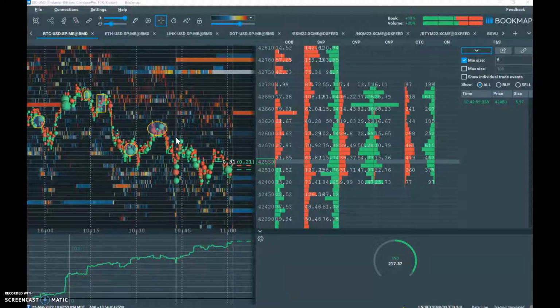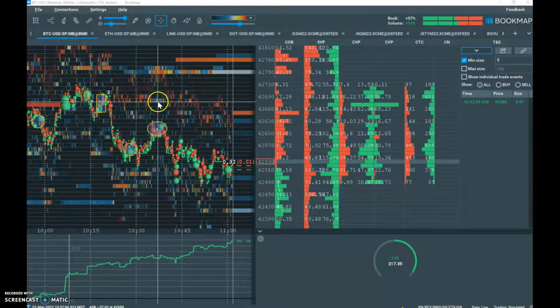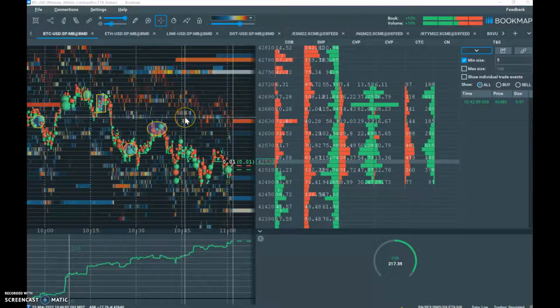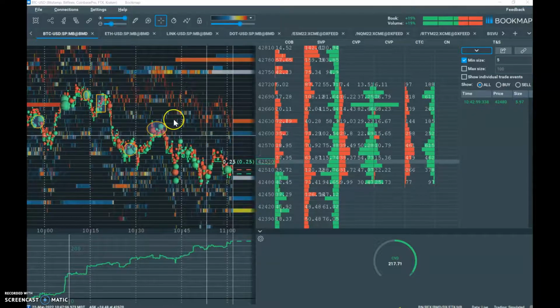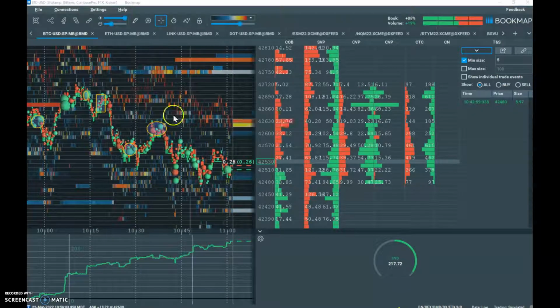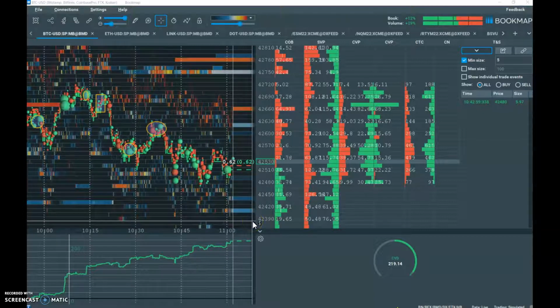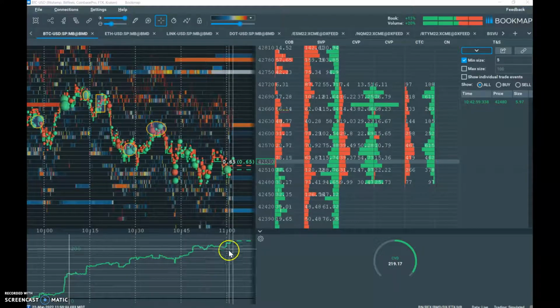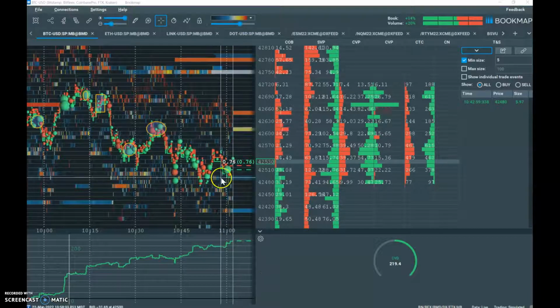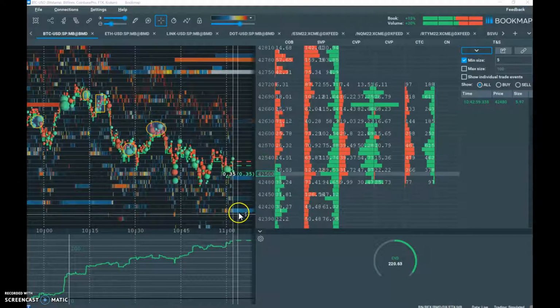I want to be on the side of the bigger players or the institutions, so I'm going to play along with them. Maybe I'll have some limit orders in here. I'll get short, and then look to see if we can get these buyers to start selling, and that's where I would look to get out.